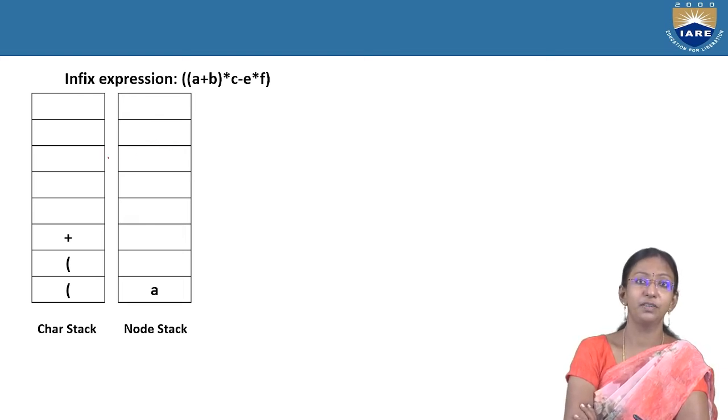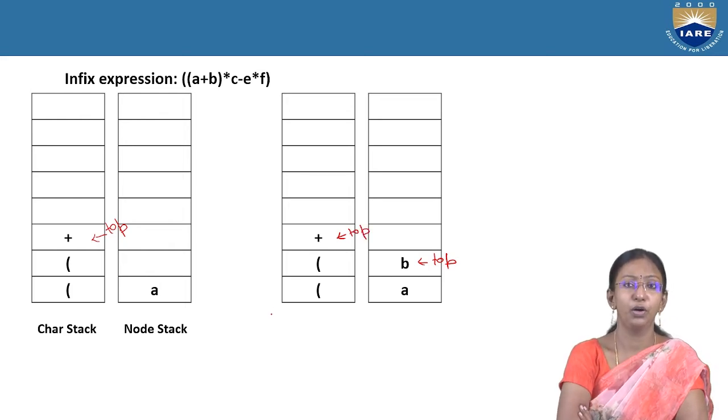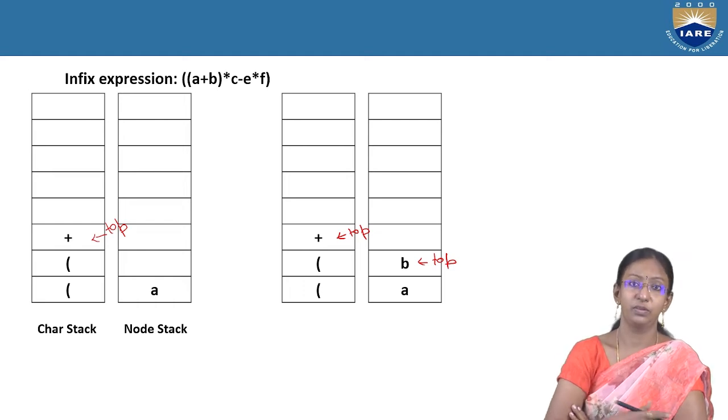So the top of the character stack is pointing to plus, and in the node stack, the top is pointing to A. Once the addition is done, the next token is B. As B is an operand, simply push it into the node stack. Now addition is on top of your character stack, whereas B is on top of your node stack.